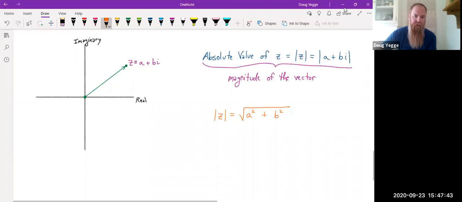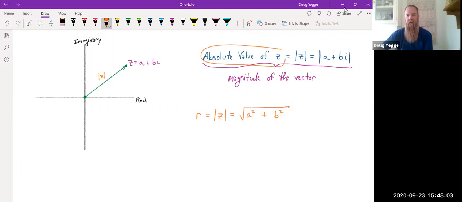In other words, this length is the absolute value of z. So it's really just the same value as r. You could think about the absolute value of z as being the same value as r, right? So notice that it has the same formula, but it's just a different way of describing it. And therefore, oftentimes when we say the absolute value of a complex number, that's what we're referring to.